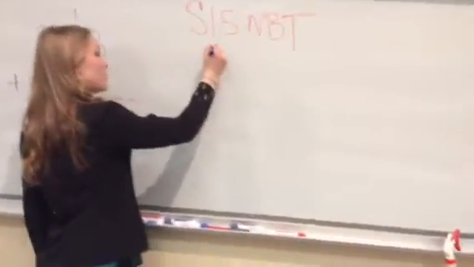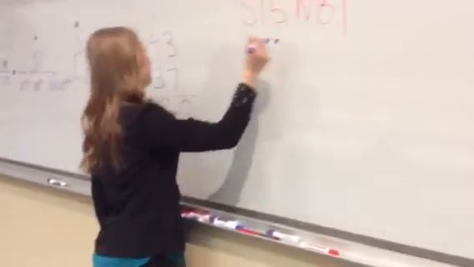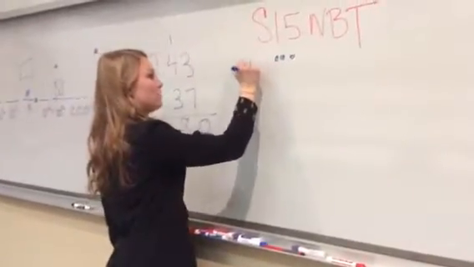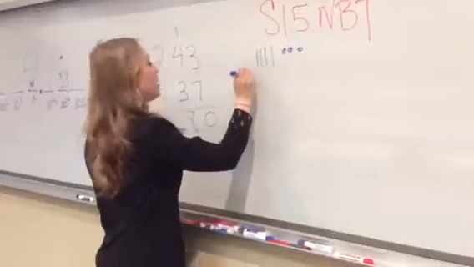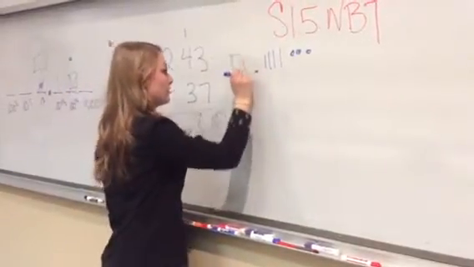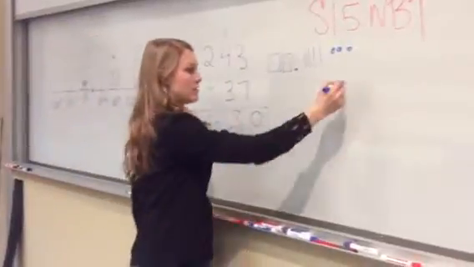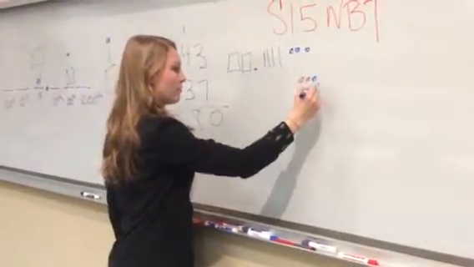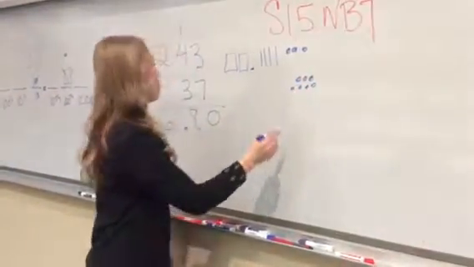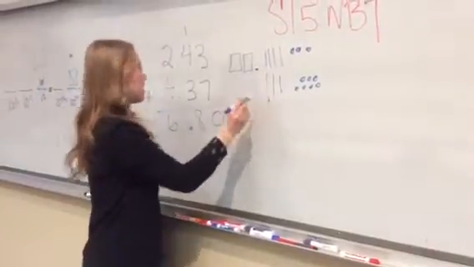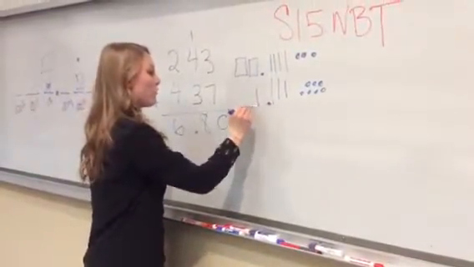by starting with our units. We'll have 3 units, 4 rods, and 2 flats. For our second number, we are going to have 7 units, 3 rods, and 4 flats.